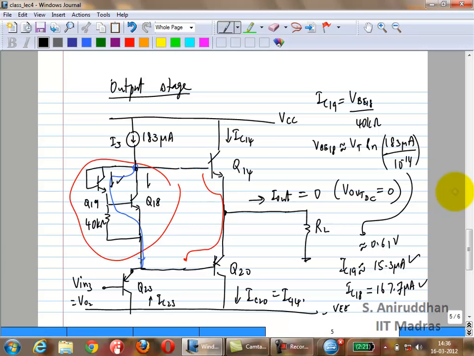You're trying to drive a very, very large load, which is a very small resistance. Large load means large current. So that means that most probably Q14 and Q20 are going to be large devices. And remember, your saturation current is proportional to the area of the device, so you expect Q14 and Q20 to be much larger compared to the other devices in your circuit.